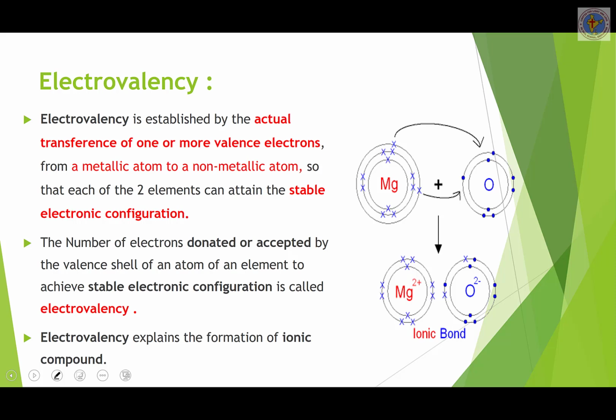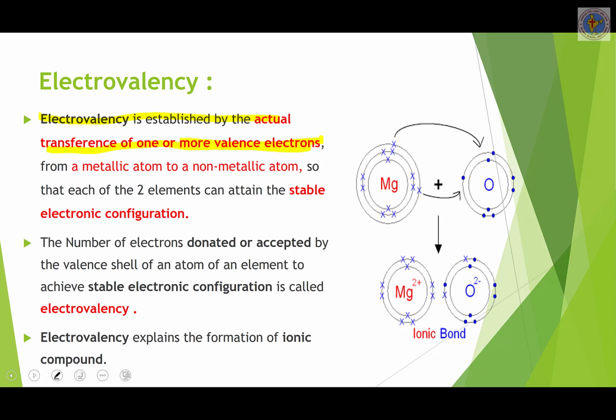Now electrovalency. We have learned about electrovalent bond and electrovalent compound. Now what do you mean by electrovalency? Electrovalency is established by the actual transference of one or more valence electrons. Yes, mainly what happens, children, electrons are lost from or gained, whatever reaction takes place, it happens in the outermost shell only.